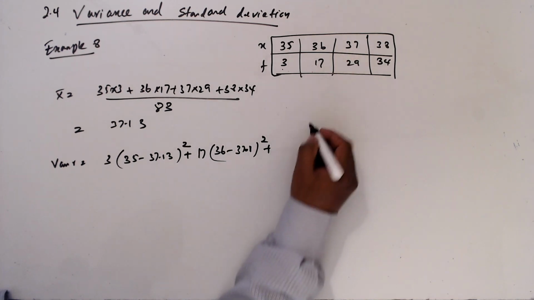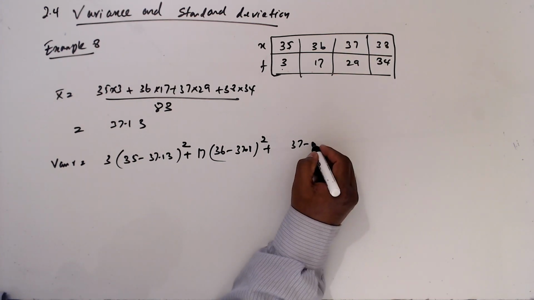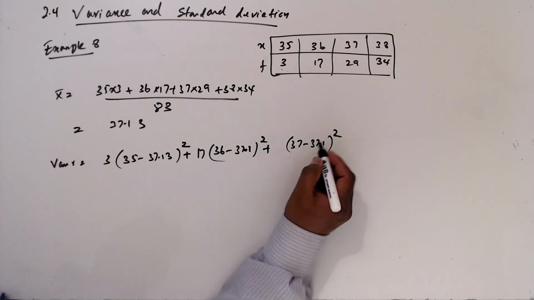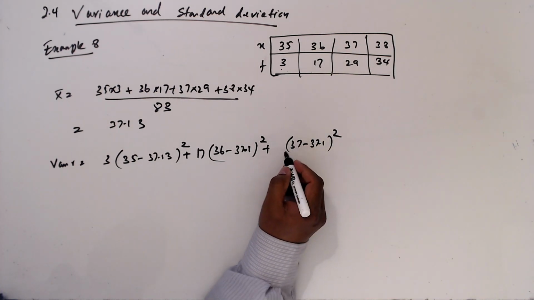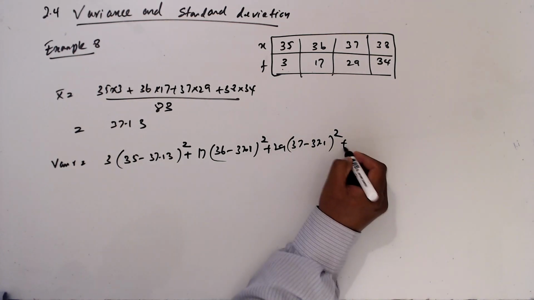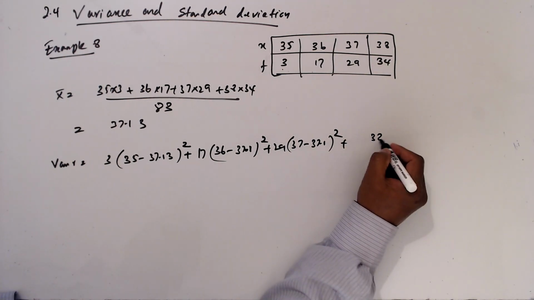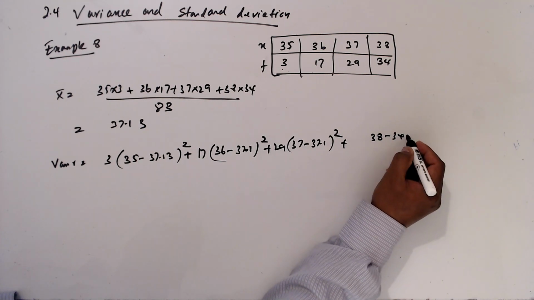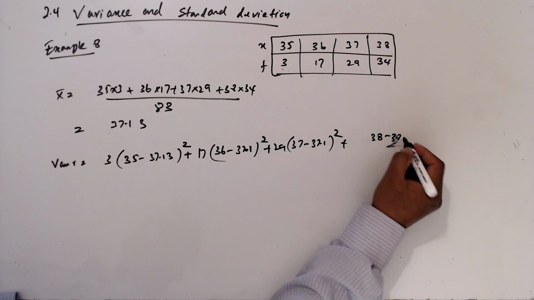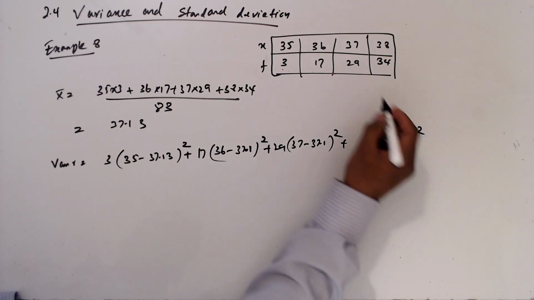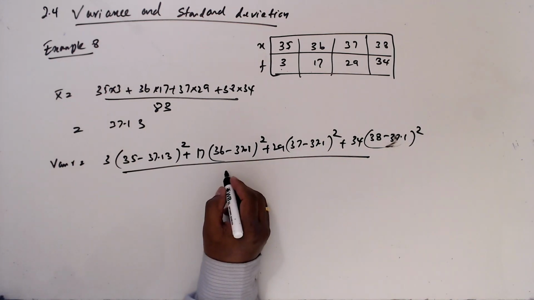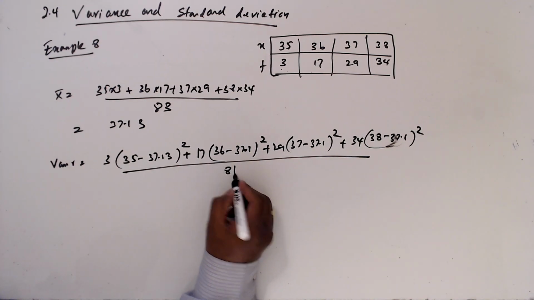And then the other value, 37 minus 37.1 squared, the other value is 29. And then 38 minus 37.1, x bar squared, how many values? 34 values, and divide by n, which is 83.